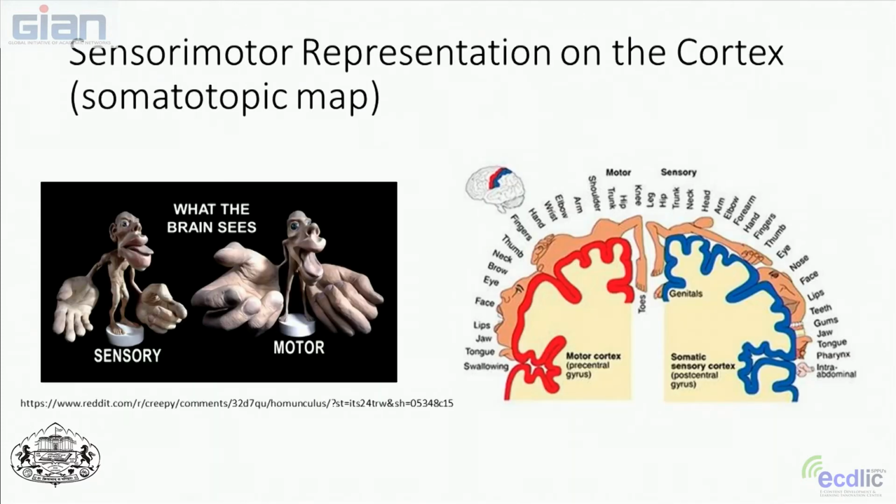I don't know if you guys have ever seen this guy on the left, but he's called the homunculus. He's very odd looking, you can see. But he is a figure of what our brain sees. The parts of him that are bigger have the larger representation in the brain. So you can see our brain puts a lot of information into what's going on in our hands, in sensation and in motor, also in the tongue and the face area.